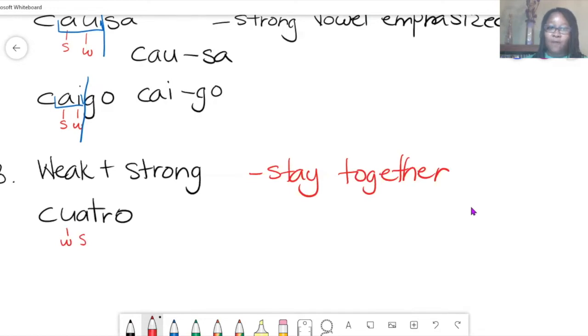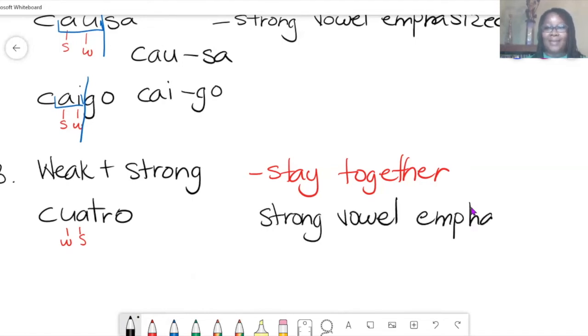So here we have weak plus strong, just as we have it here. And the distinction is that they stay together. And again, the strong is emphasized. You put that stress, that energy, that sound on the stronger of the two.